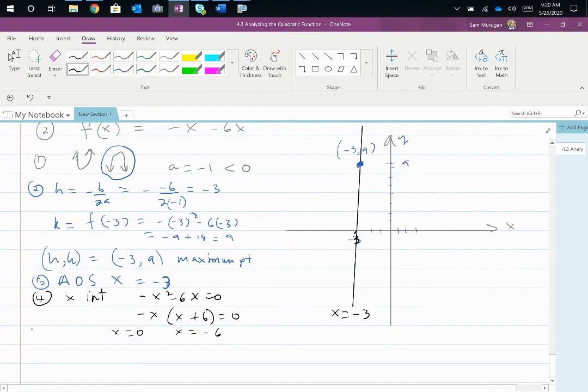So we've got two x-intercepts, (0, 0) and (-6, 0). Which should make sense to you, right? This is 0 and 0. And then 3 points to the left would be -6. Okay, we'll go 3 points that way, and we go 3 points this way.